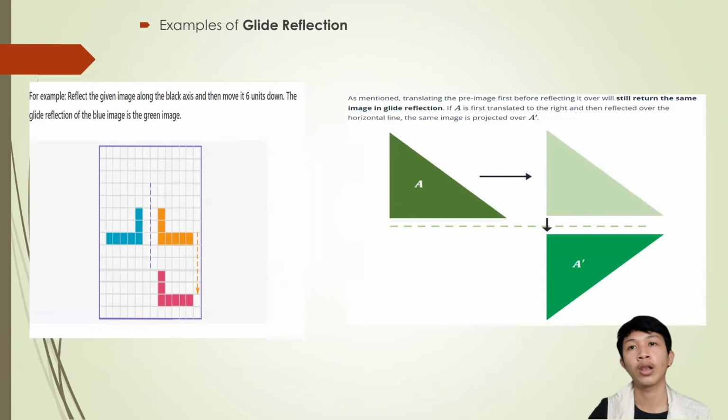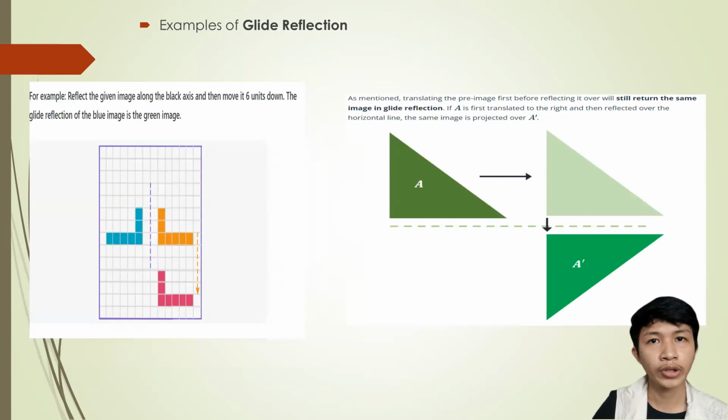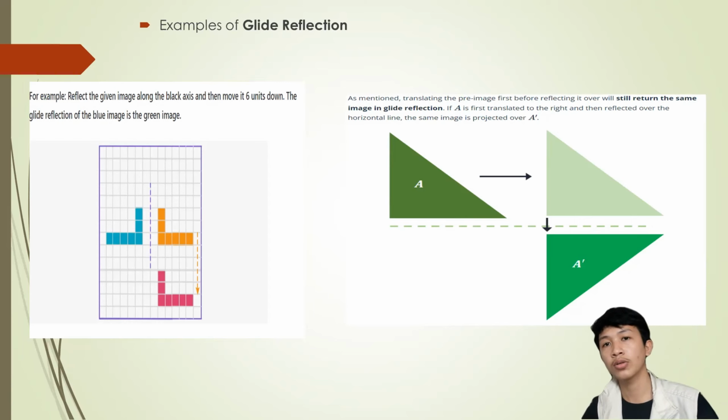So this is the example of glide reflection. For example, reflect the given image along the black axis and then move it 6 units down. The glide reflection of the blue image is the green image. Based on this picture, the object reflects and glides downwards. So this is the glide reflection.